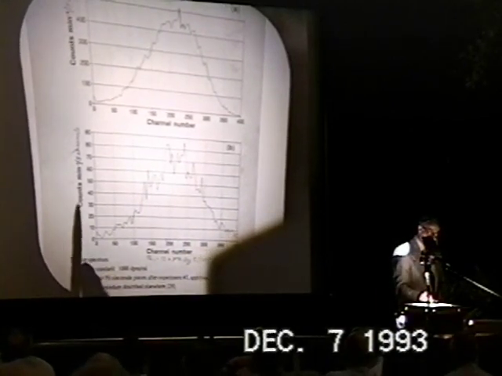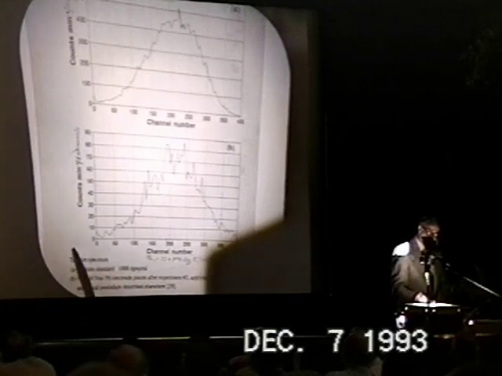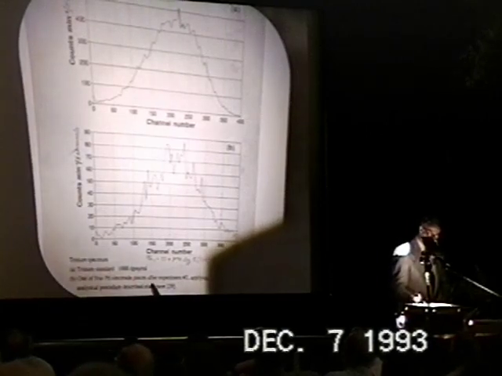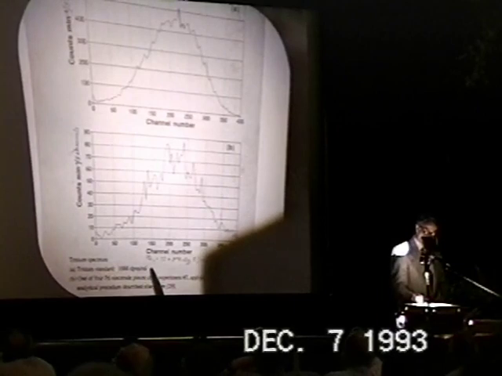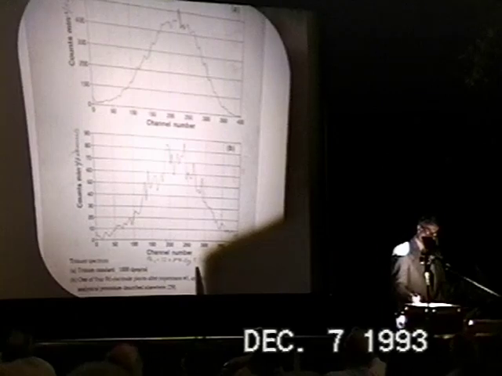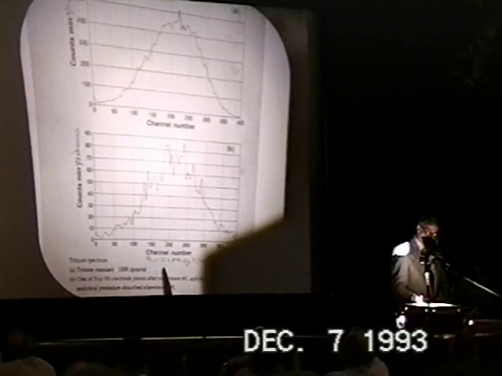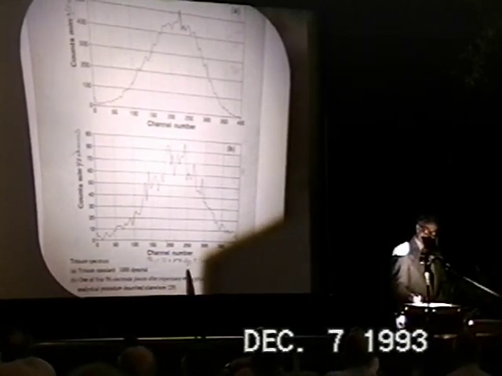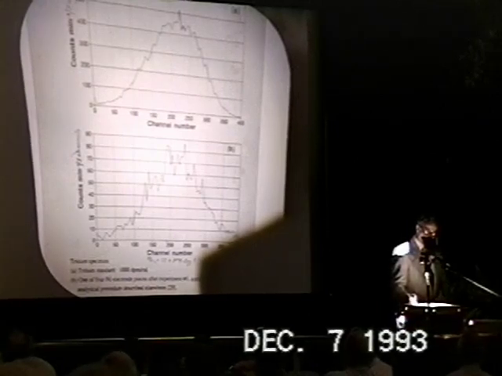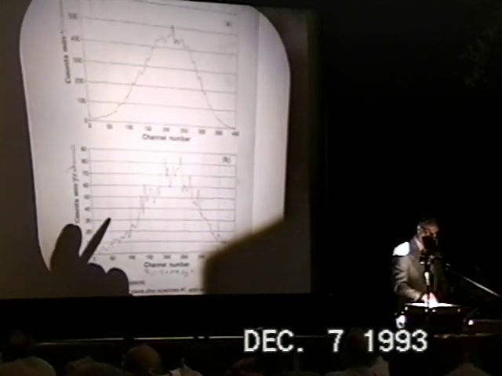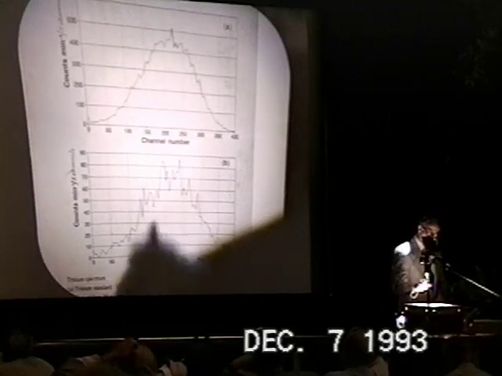We plot the counts per minute against the channel number, and I give them here, almost illegible, I believe, the relationship between the channel number and the energy of the electrons in keV, and it is 72 plus 280 times the energy in keV. Channel 400 is equivalent to 14.9 keV. Now this is the unknown.